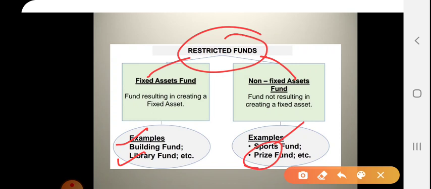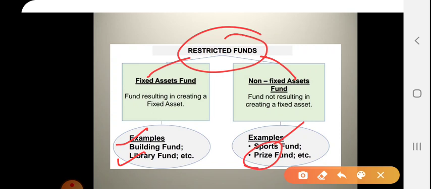Similarly, if a prize fund is created for giving prizes for any match or program, it is not a fixed asset. If you utilize all the amount, it will be over. So this is a non-fixed asset.